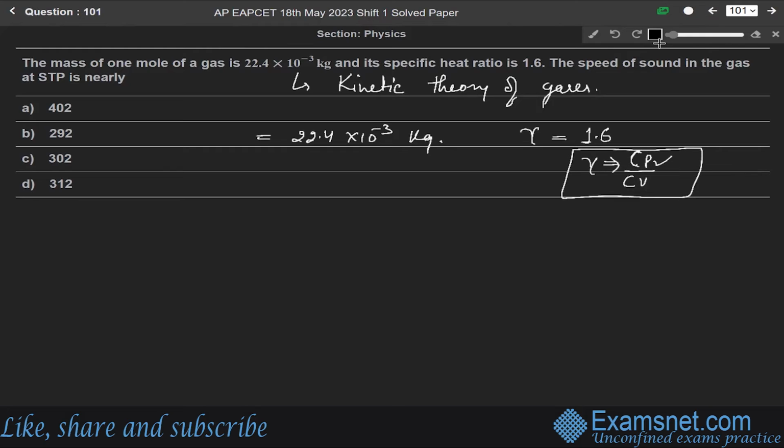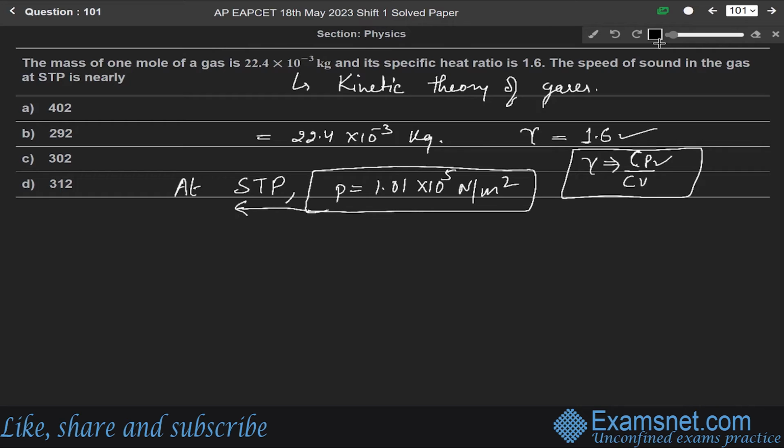And we have to find the speed of sound in the gas. At STP, pressure is 1.01 into 10 to the power 5 Newton per meter square. This is the standard value of pressure at STP. And volume at STP is 22.4 liter, means 22.4 into 10 to the power minus 3 meter cube.